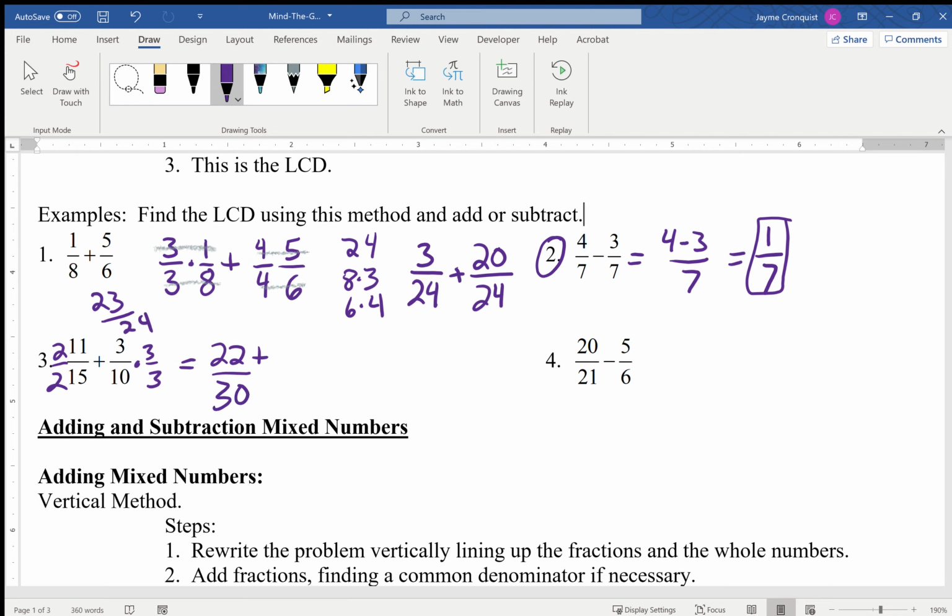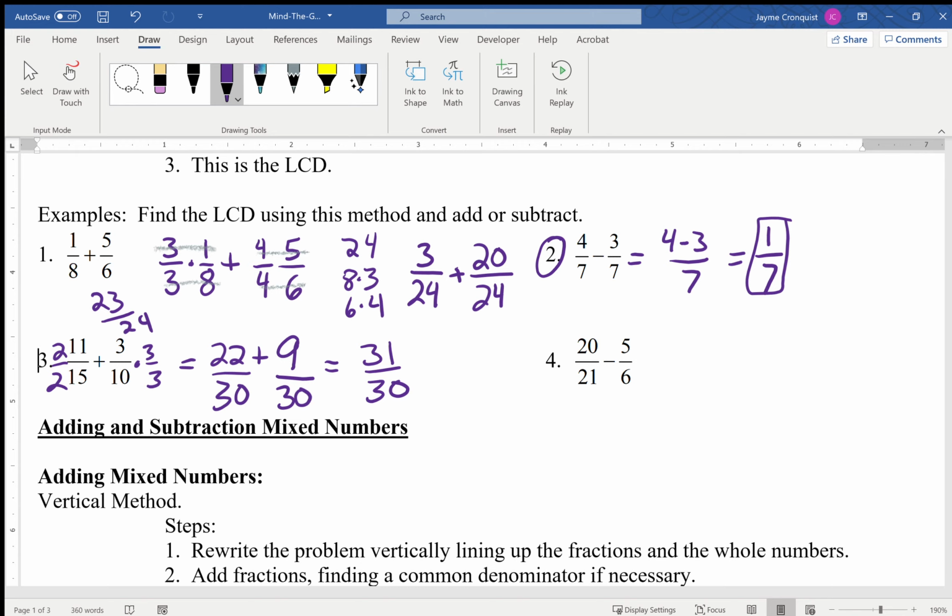The second term, 3 times 3 is 6. No, it isn't. It's 9. Apologies. 9 over 3 times 10 is 30. 22 plus 9 is 31 over 30. Okay, so that's what this method is all about.